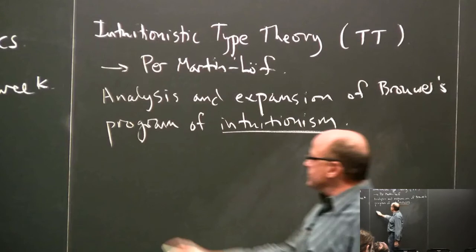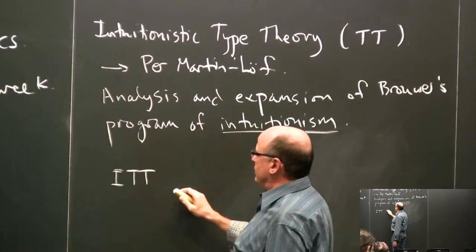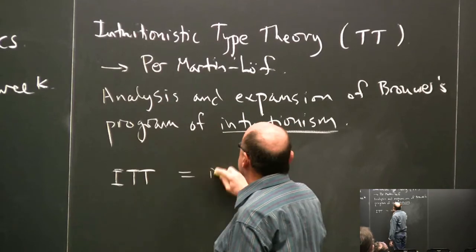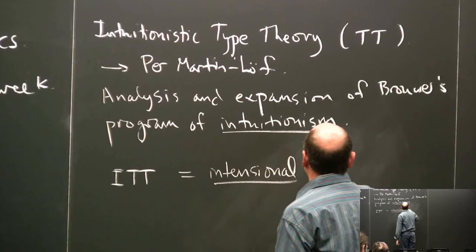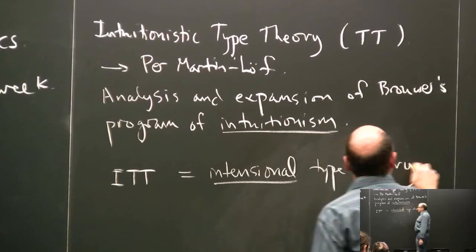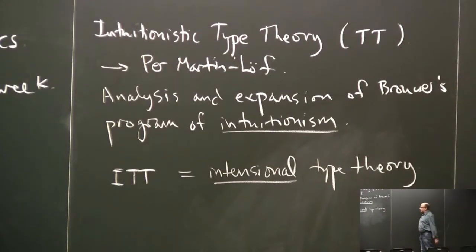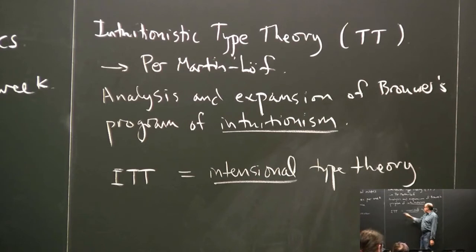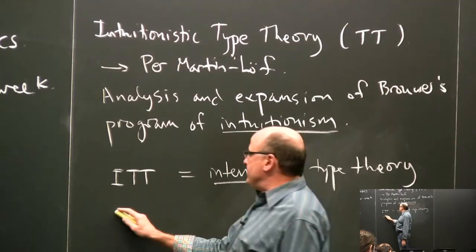So there's something called ITT, which is the core theory that we'll discuss, and that's called intensional type theory. I could have called intuitionistic type theory ITT, then this would be IITT, but the convention that everyone uses is that ITT means intensional type theory. This is going to be, for our semester, a starting point.